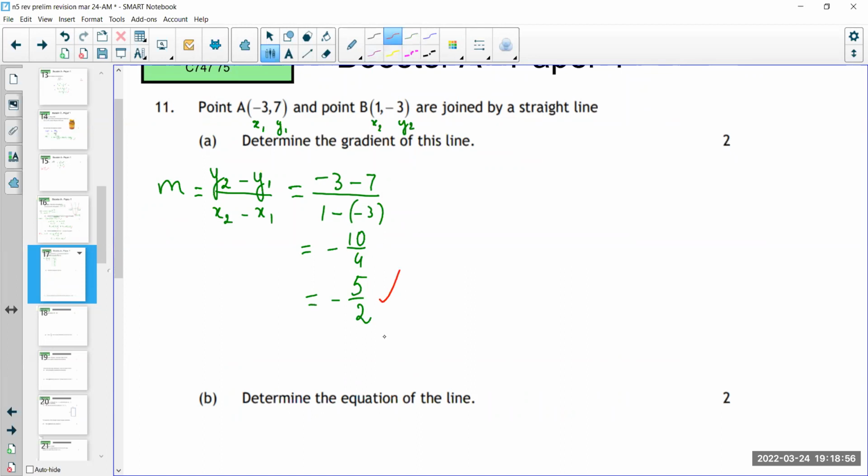And that gives you a mark for this and a mark for substituting it in. So it'd be easier to learn this than trying to figure it out by drawing, and you don't even have graph paper and so on.